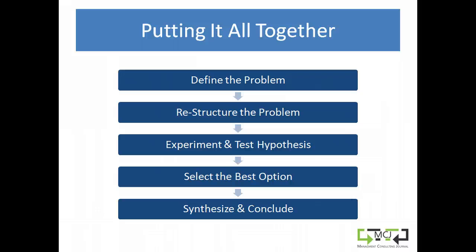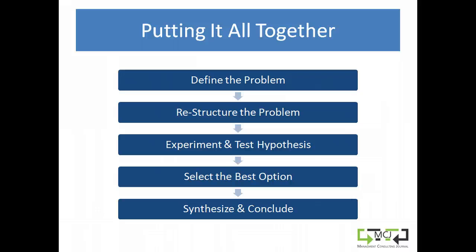And after that, we come up with experiments and tests for each of the hypotheses that we came up with in the second stage, to either prove or disprove those hypotheses with data. And based on that information, we come up with the root cause of why the problem is happening.